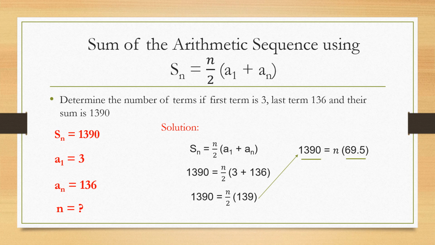Dividing both sides by 69.5 to cancel out 69.5, our n is equal to 20. So therefore, there are 20 terms in which the sum is 1390, the first term is 3, and the last term is 136.